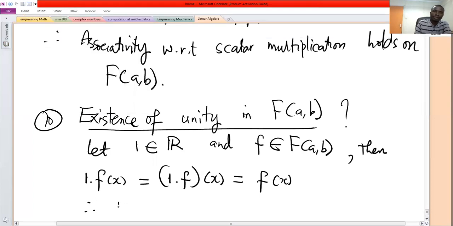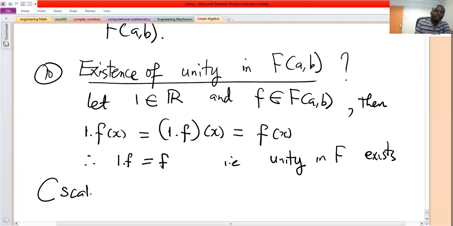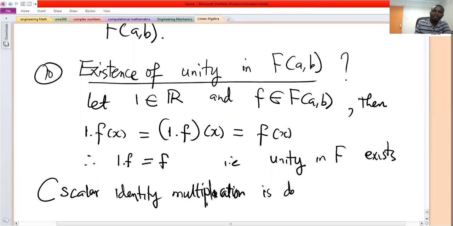So therefore, 1 times f is the same as just f, i.e. unity in F exists, or to say that scalar identity multiplication is defined on this set F.